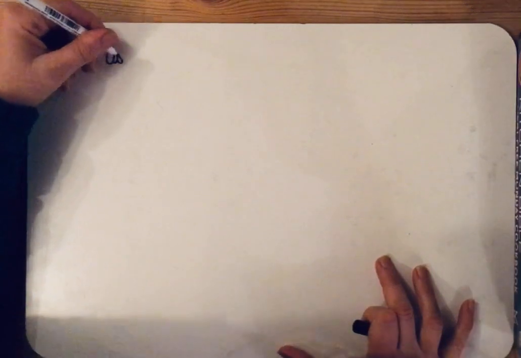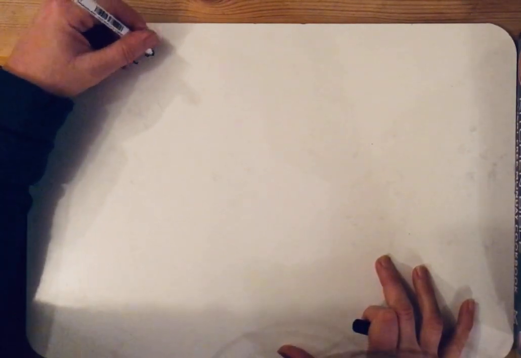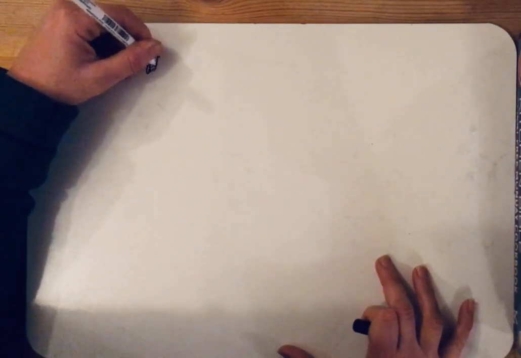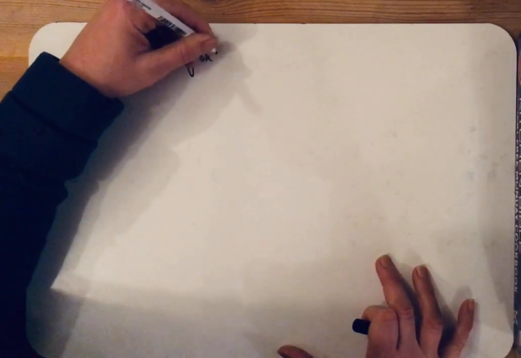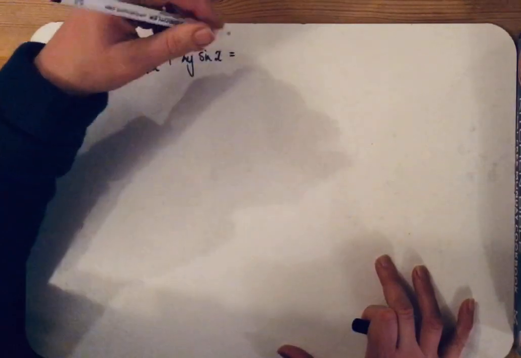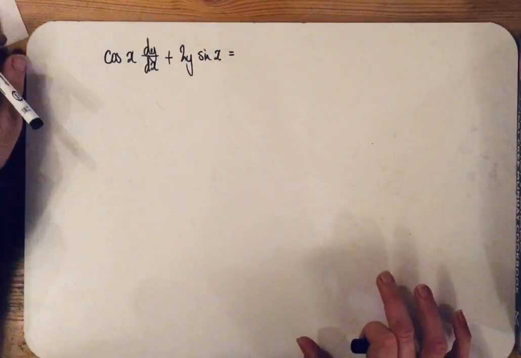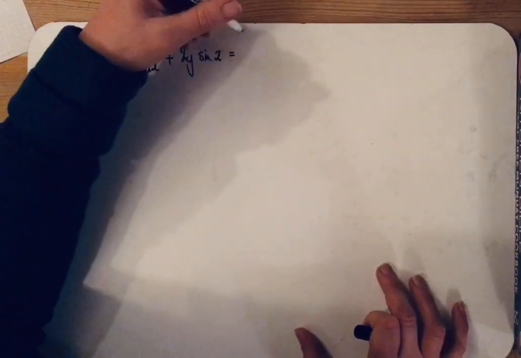Right, so next one is cos x dy/dx plus 2y sin x is equal to cos to the power 4 of x.